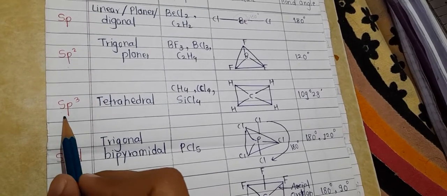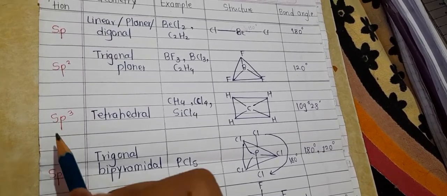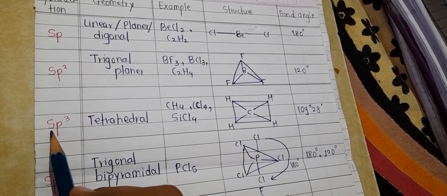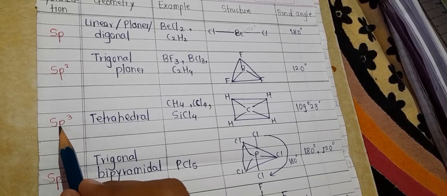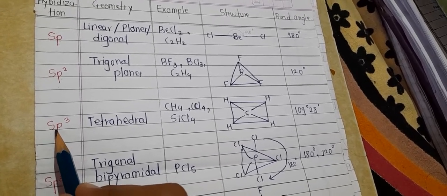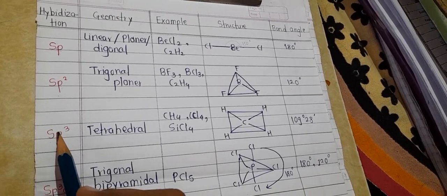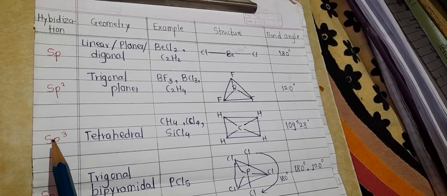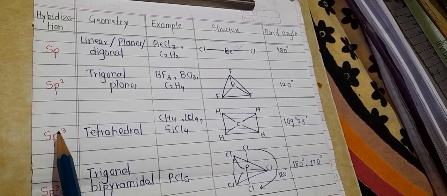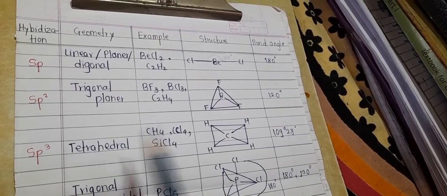Third, sp3 hybridization. This is obtained by mixing and recasting of 1s and 3p orbitals of the same atom to form sp3 hybrid orbitals of same energy, same space orientation, same shape. Their geometry is tetrahedral.